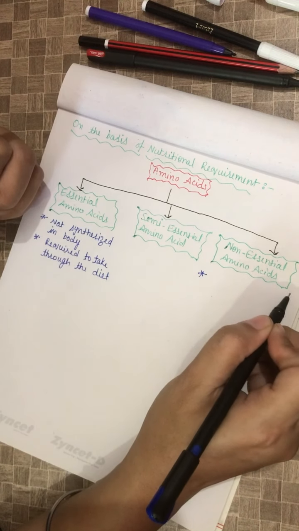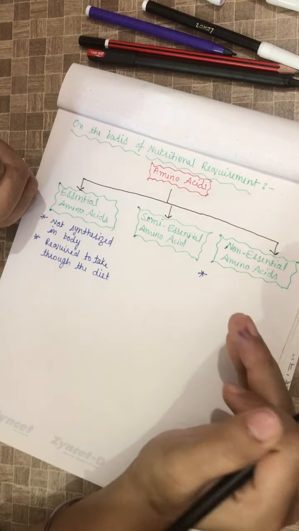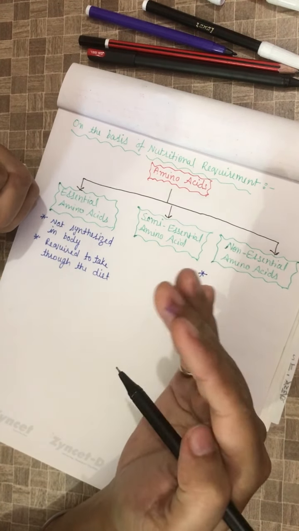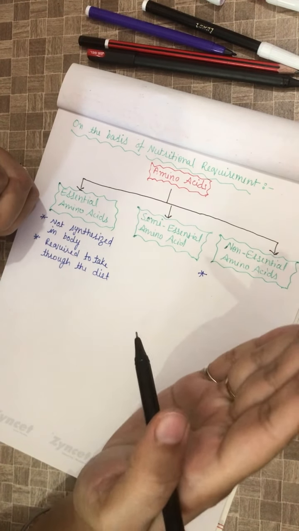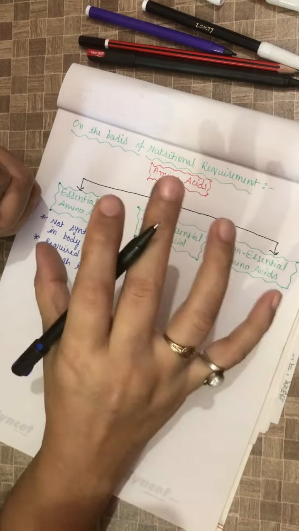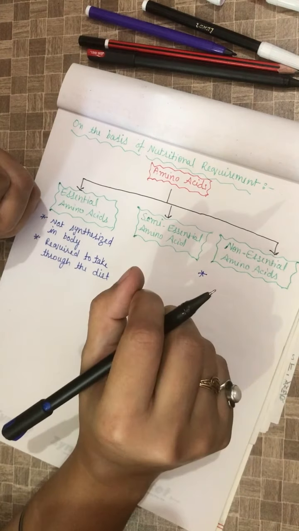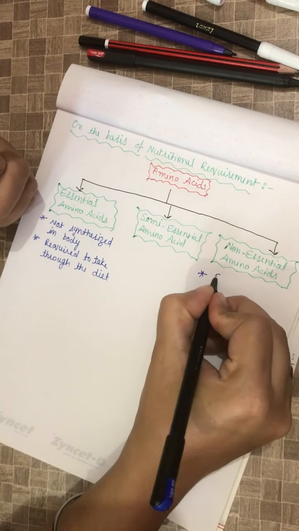In opposite of that, non-essential amino acids means, as the name suggests, that these are non-essential to take from your diet. That is clearly showing that these amino acids are synthesized in your body. If they are already synthesized in your body, there is no requirement to take these amino acids from your diet.